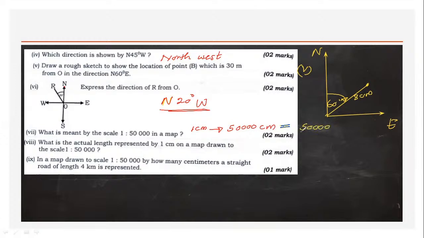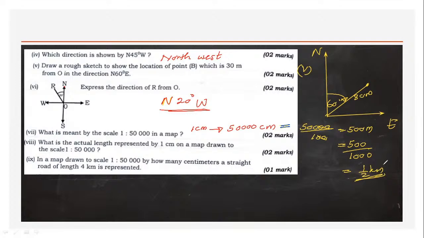That is too big. Then divide by 100 to convert it to meters. Now it is 500 meters. We can write it in kilometers. When you are converting meters to kilometers, you have to divide it by 1,000. So half a kilometer. Then half a kilometer in our book, we are representing by using 1 centimeter, right?